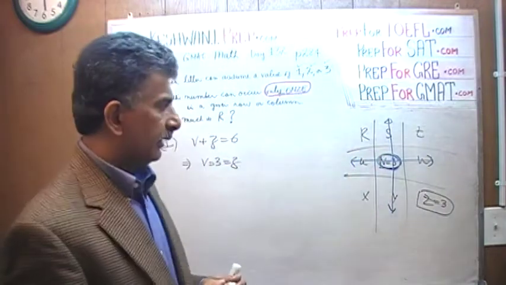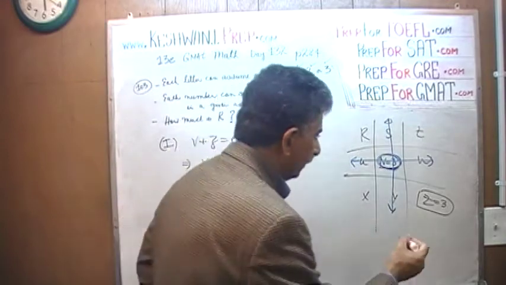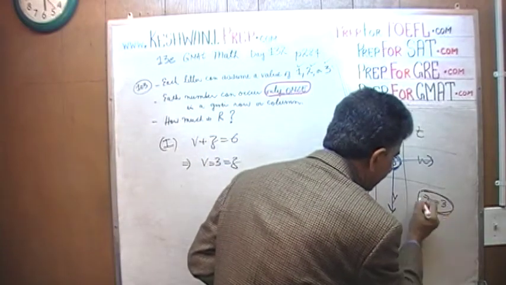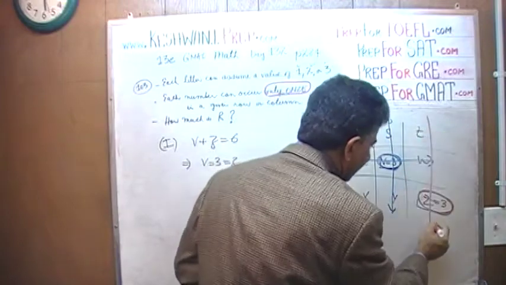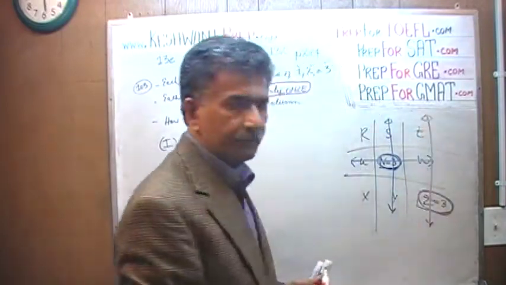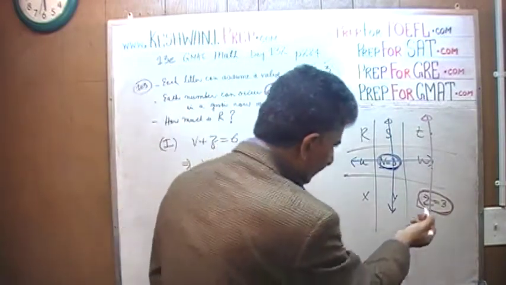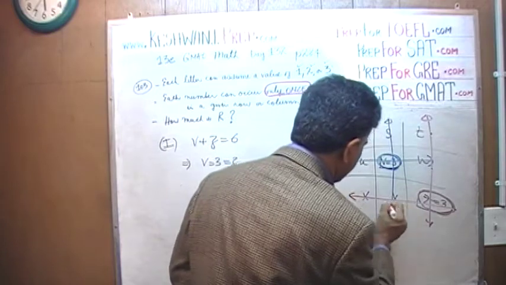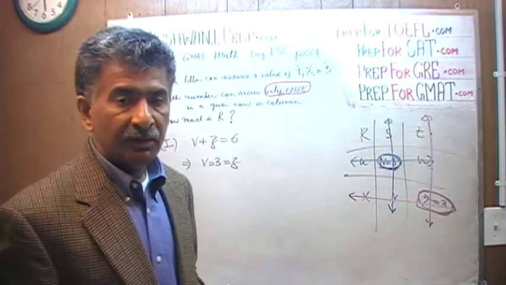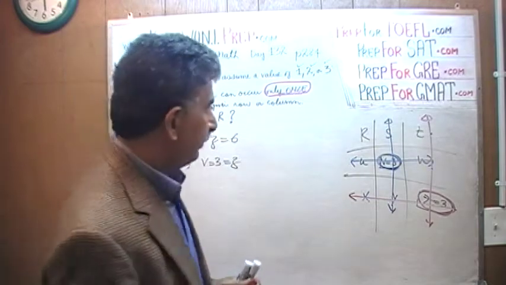Similarly, because Z is equal to 3, 3 cannot appear in this column. In other words, 3 cannot be here or here. Similarly, because 3 appears here, it cannot be in any other cell of the last row. It cannot be here or here. Which means the only place that 3 can appear would be R.